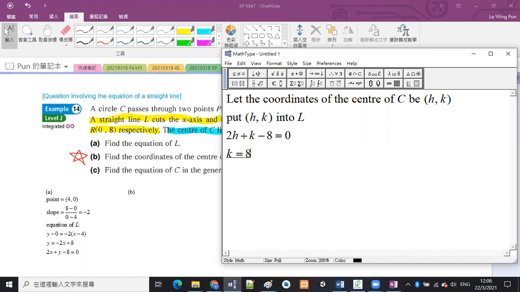It becomes 8 minus 2h, and label this to be equation 1.